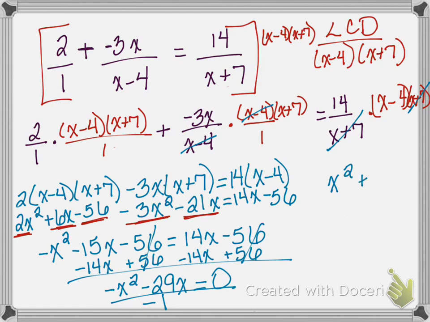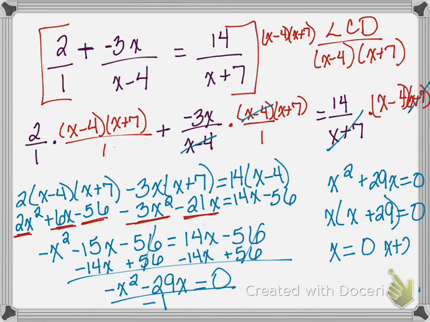plus 29x equals 0. What is common to x squared and 29x? X. Good. I heard x. So I have x times x plus 29. So x is 0 and x plus 29 is 0.